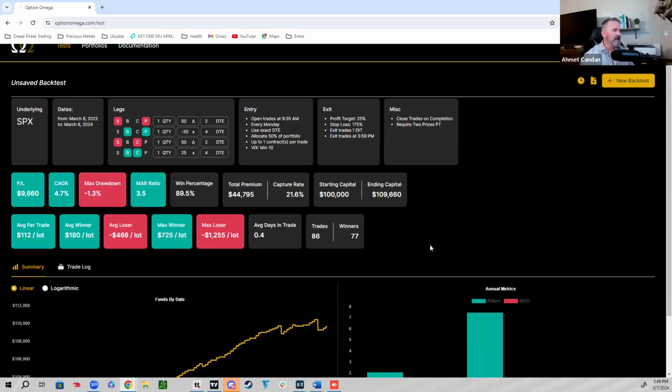I can understand why a newer trader might find this a little bit of a confusing trade, but once you do this a couple times, once you practice the mechanics of entering and exiting this trade, it's very simple. It's extremely simple.